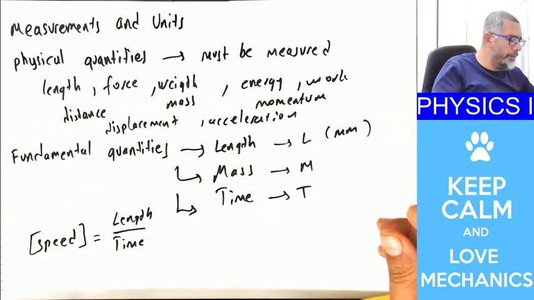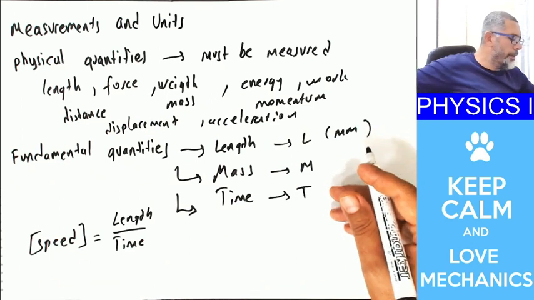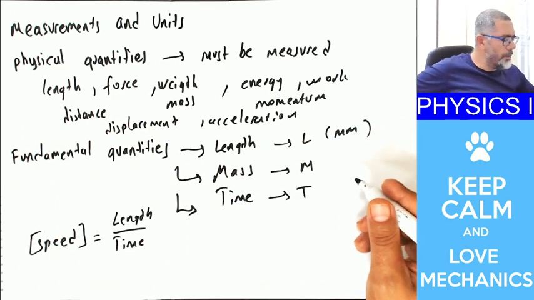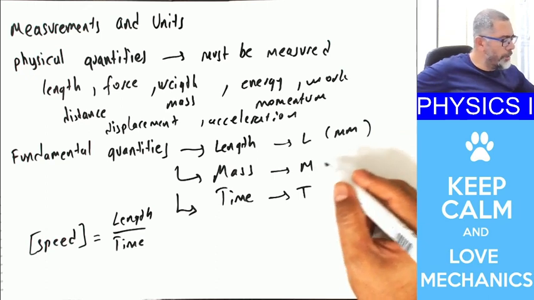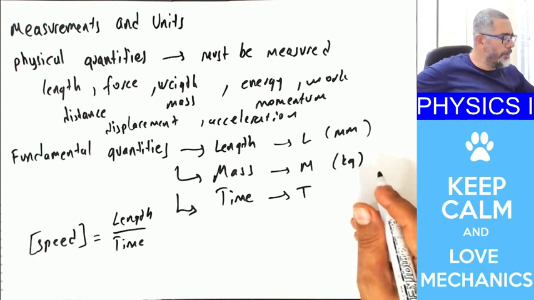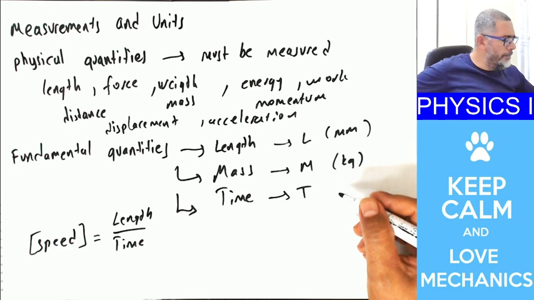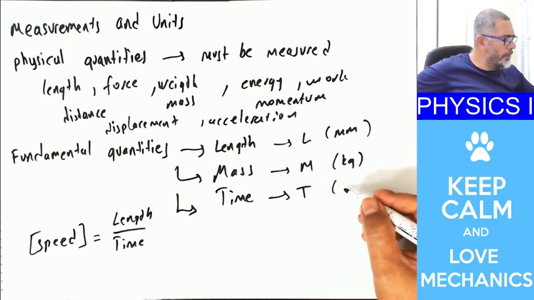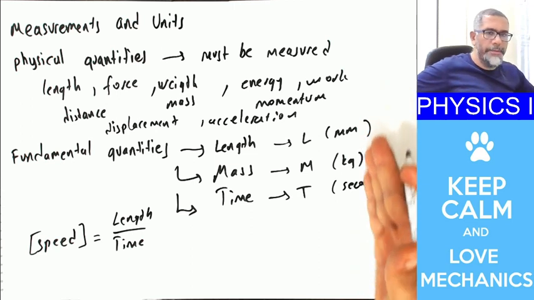And if you have a scale that measures masses in kilograms, then the unit for this particular mass measurement of your device is kilograms. If you're measuring time in units of seconds, then you have just defined a unit system.